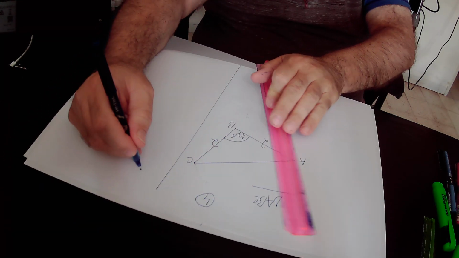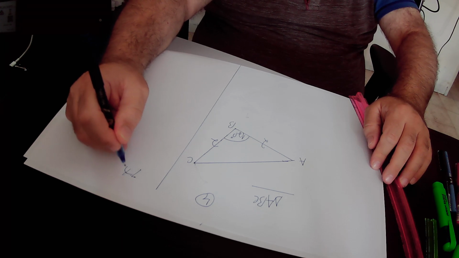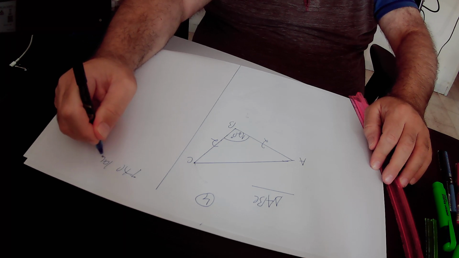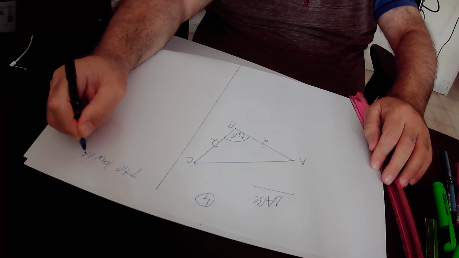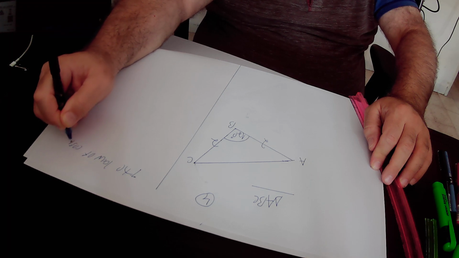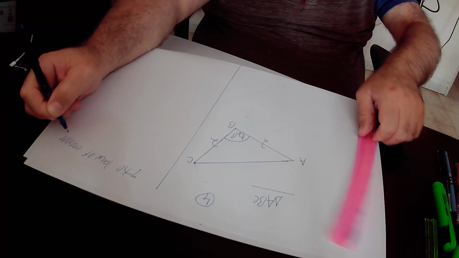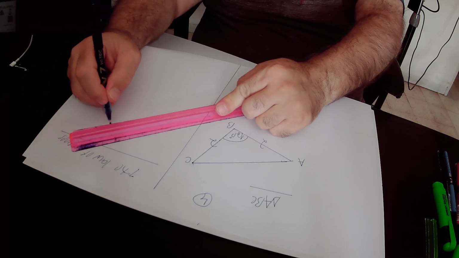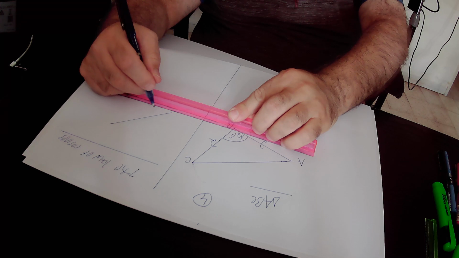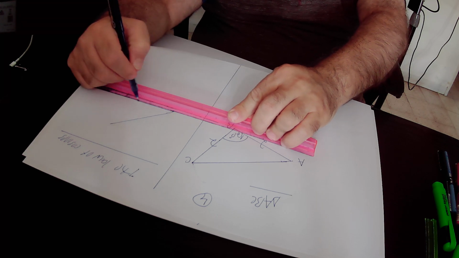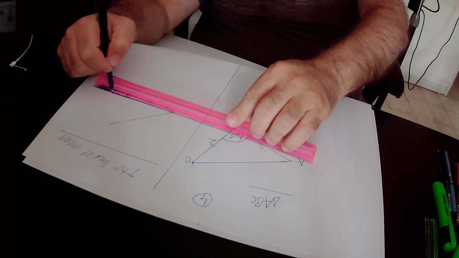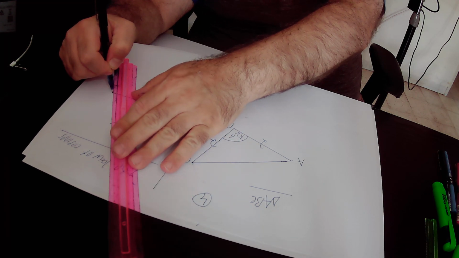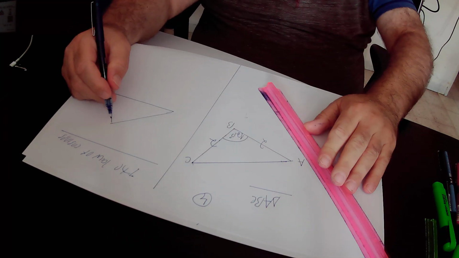Actually, the law of cosines is true in any triangle. So if we have here triangle ABC, that could be any triangle, not necessarily our triangle, but any other triangle. This is triangle ABC.